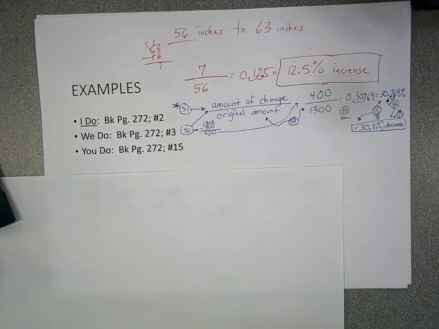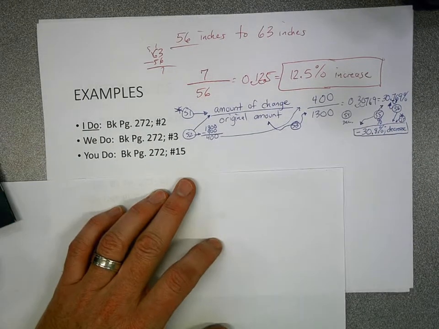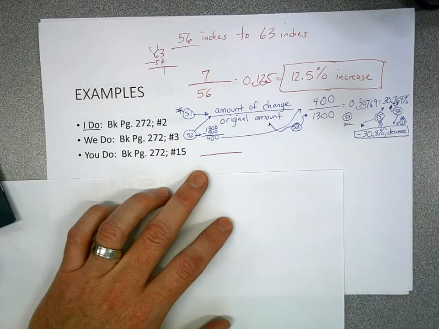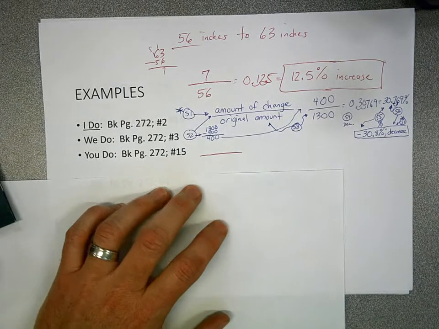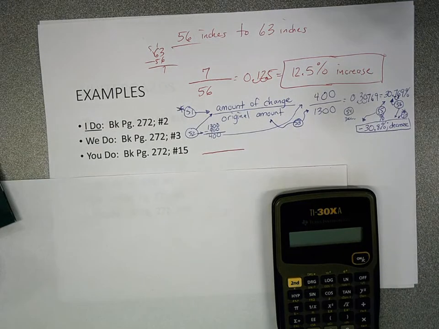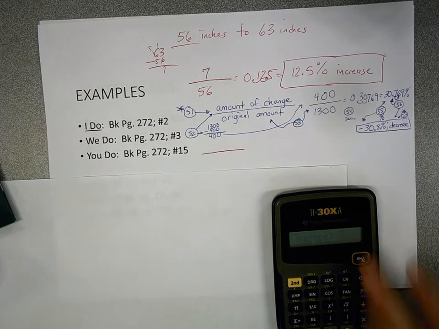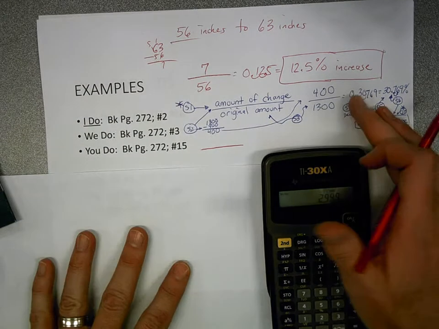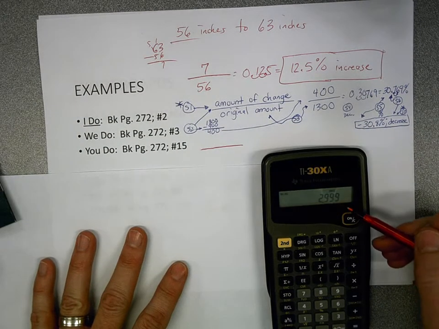Okay, so I'm going to go ahead, and I have my amount of change over original amount written down up here already. So the amount of change is going from 2.999. And remember that 9 is like a tenth of a cent.